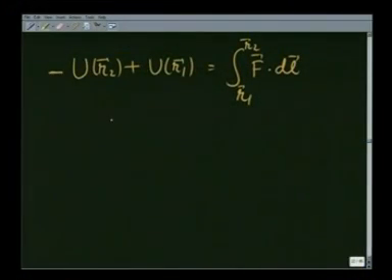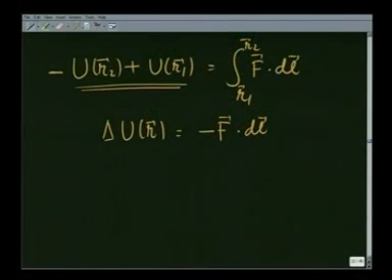If you write it like this, you see that the change over a small distance is equal to minus F dot dl, and that gives you the interpretation of potential energy as the work done by you, by the external agency, to move a particle slowly in the external field.